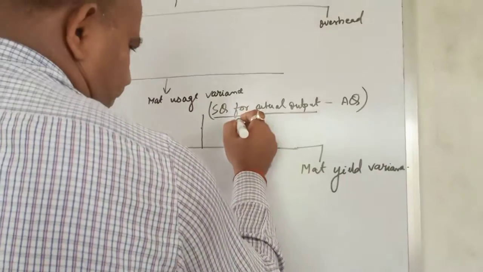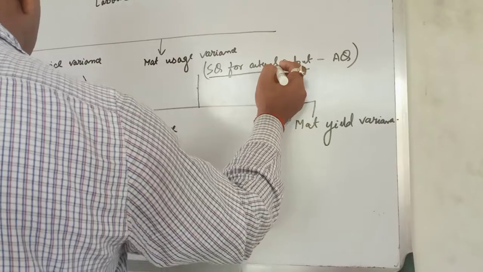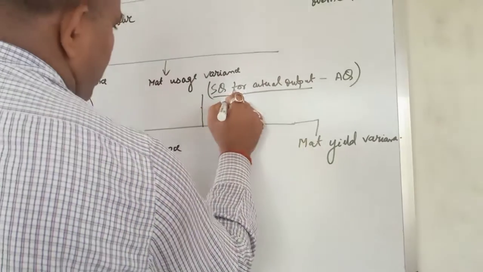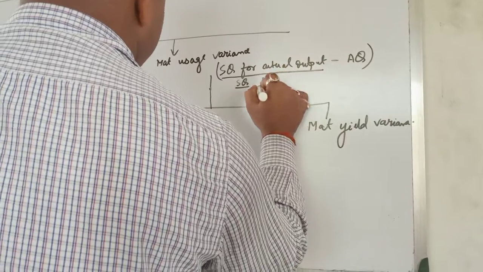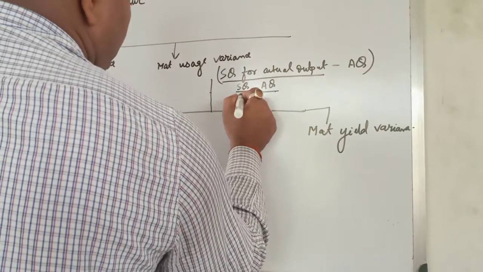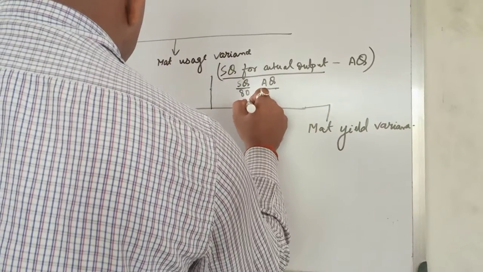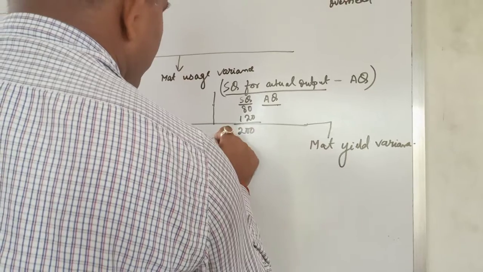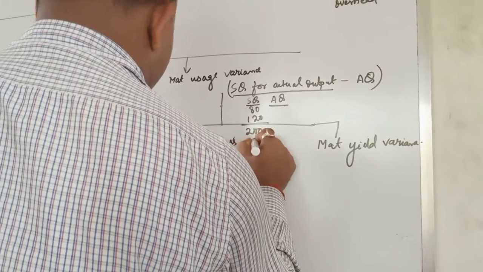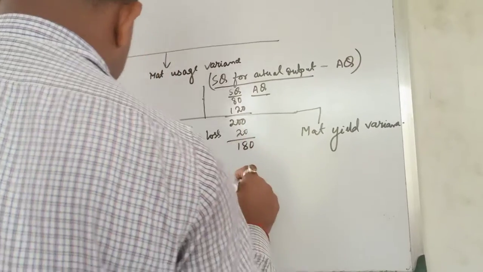Suppose a standard quantity is given, then we have to compare it with the actual output. For example, the standard quantity is 80% and 120%, total 200%, and if we deduct the normal loss of 20, it is 180%.